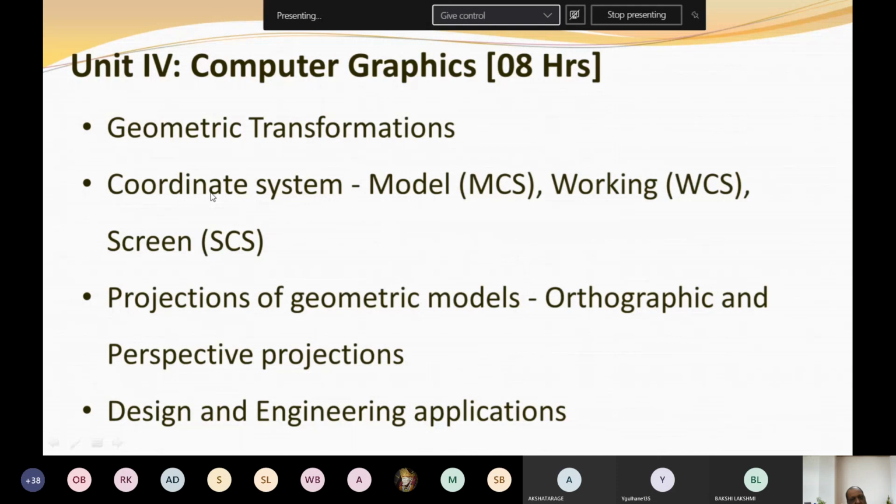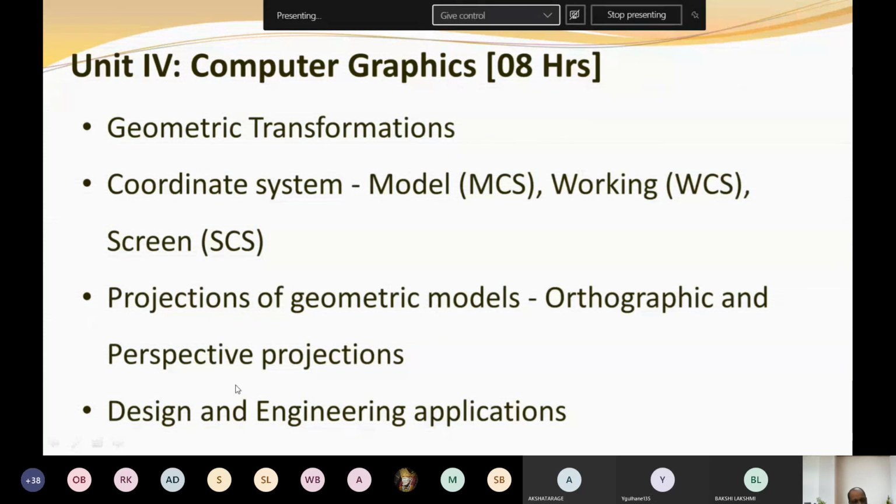Once we create a solid model, there is no need to again go on drawing the different views. With high-end software, you are creating some 3D model, and using AutoCAD to draw the 2D drawings of that model is not required. Once the 3D model is ready, you can generate its orthographic projection, that means the different views.